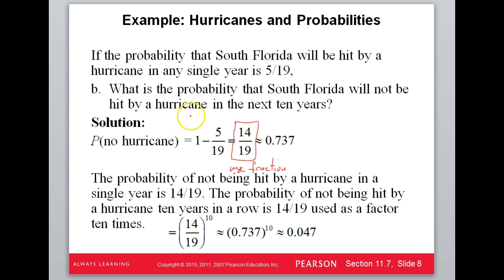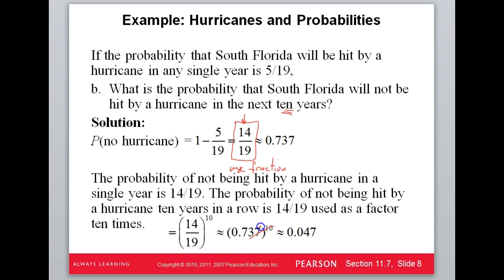We wanted to do 10 years. And the reason why we're multiplying by itself is, to not be hit by a hurricane, I'm not hit by a hurricane the first year, and I'm not hit by one the second year, and not the third, and not the fourth, and not the fifth. So because of the ands, we're multiplying. So that's why we're raising it to the 10th power.